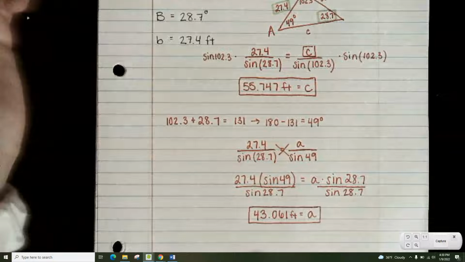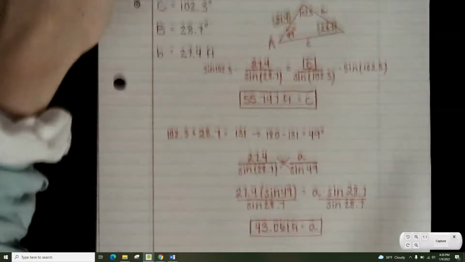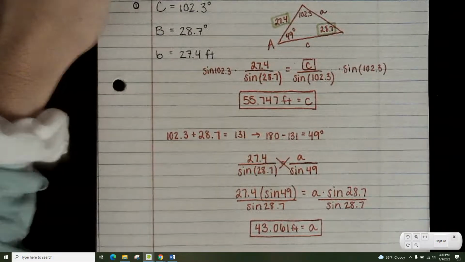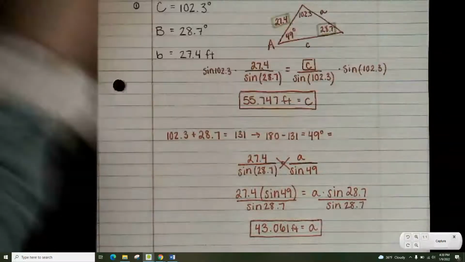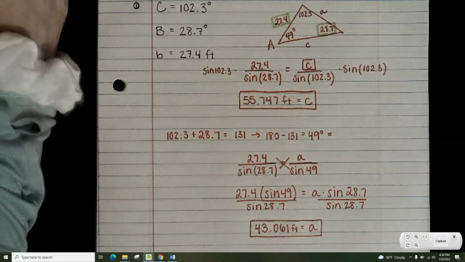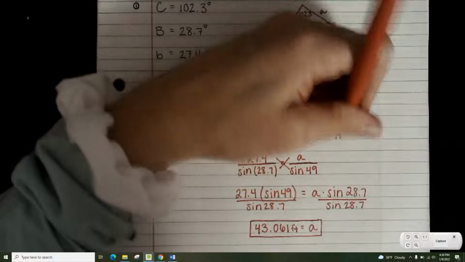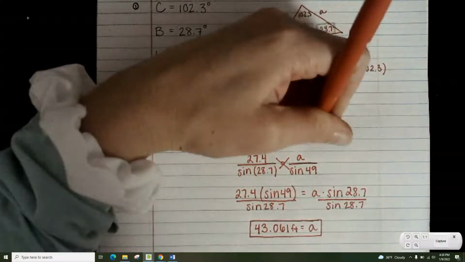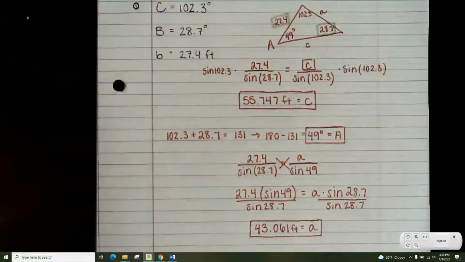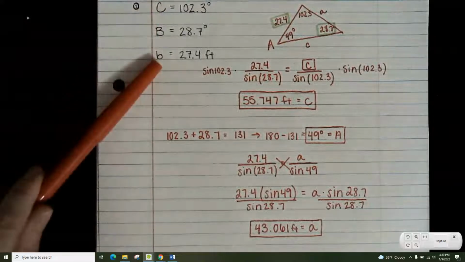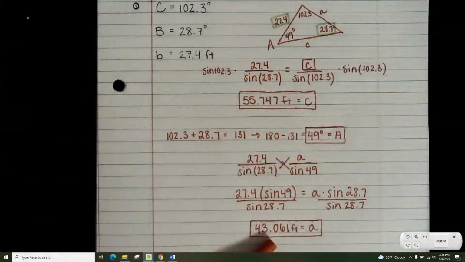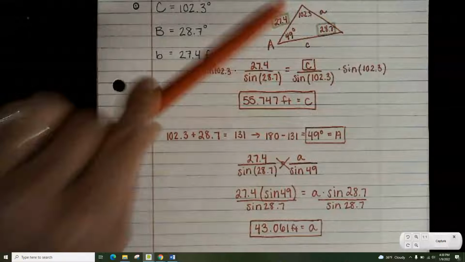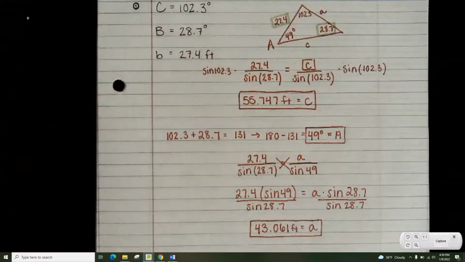So at the end of one of these problems, you should have all of the sides and all of the angles filled in. And this was angle A. In the end, you were given 3 pieces of information, and I have 3 pieces of information that I found. 1, 2, 3, 4, 5, 6 works out.